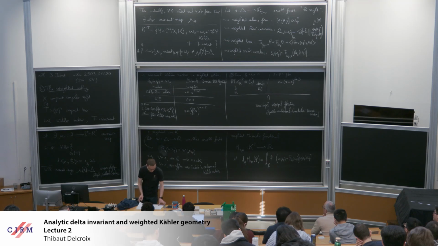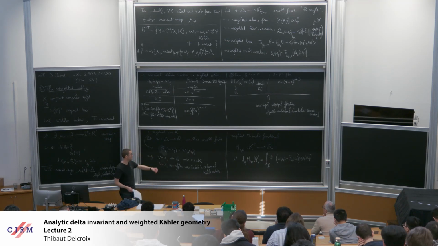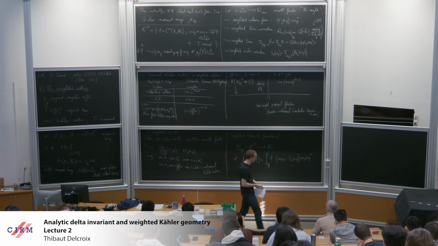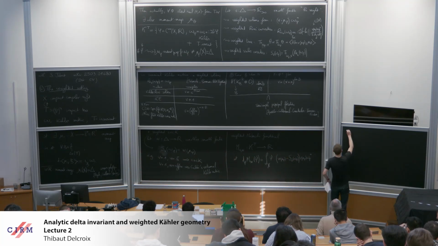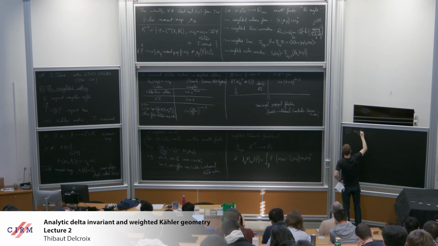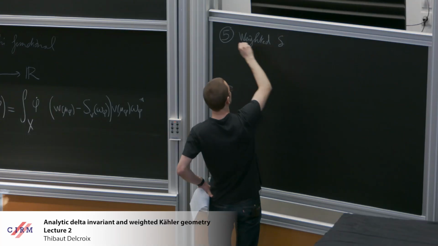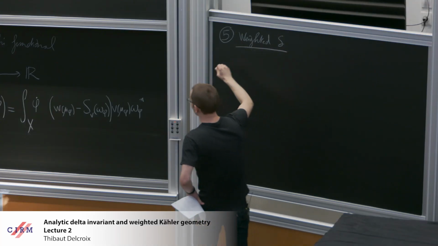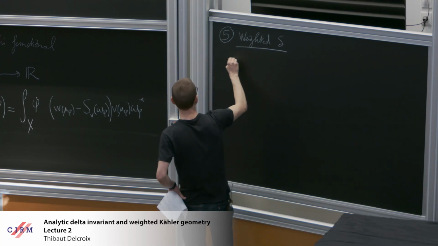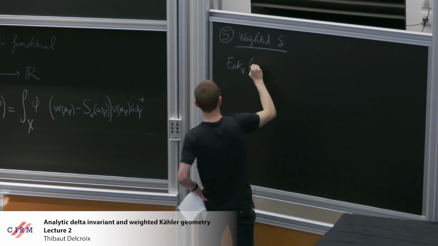So we have some of the properties from the standard Mabuchi functional that hold. I will come back to this later. Now, repeating myself, I want to introduce the weighted delta invariant. I have to introduce the variants of the previous functionals, so I have a weighted entropy.